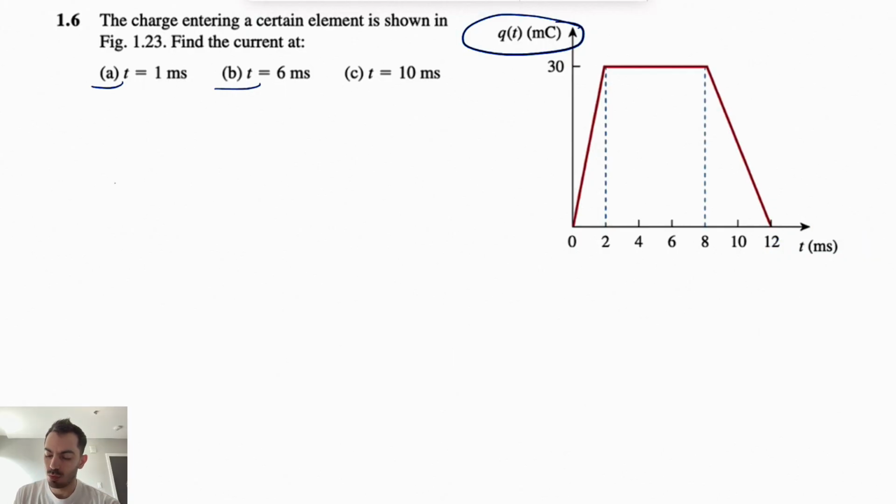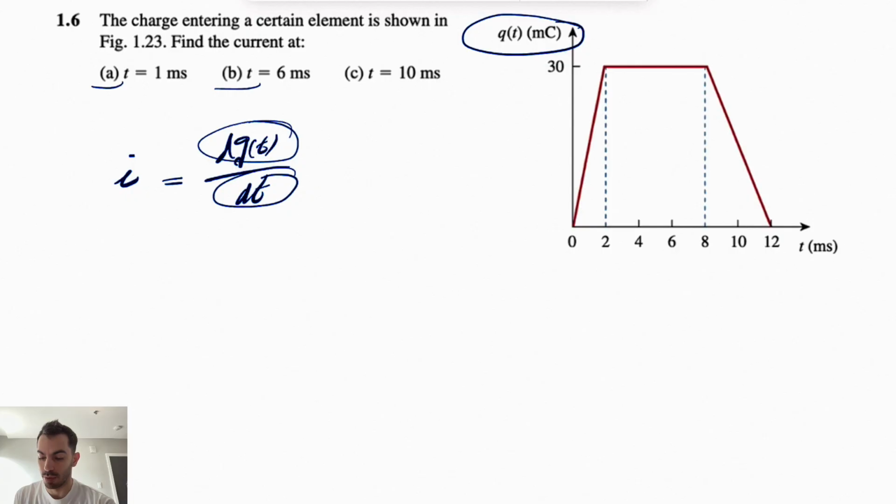What we need to know in this question, and from the textbook of this topic, is that the current, which is I, would be dq of t over dt, so the derivative of the charge with respect to time, which is basically what we have in this graph.